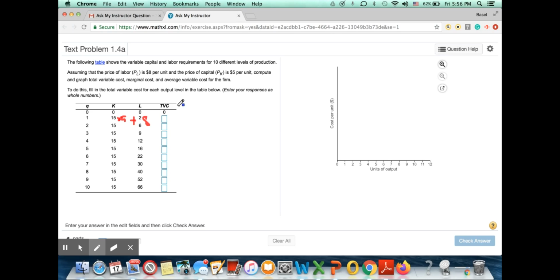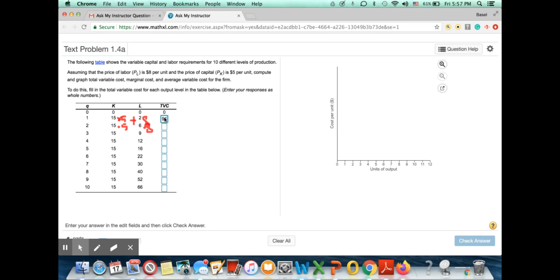We repeat the same process right here. Multiply this by 5 plus 6 multiplied by 8, and you do the calculations. I'm just going to do it with my calculator here and fill in the numbers.